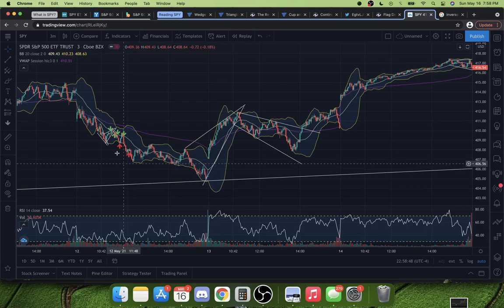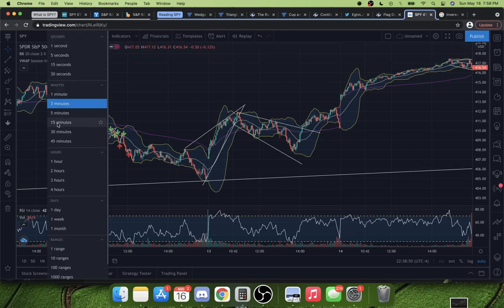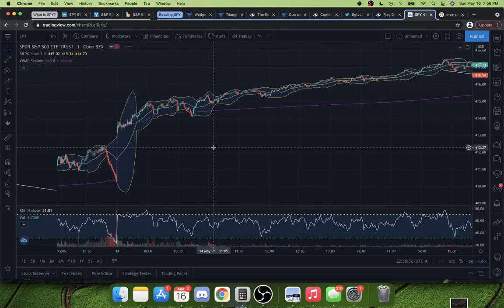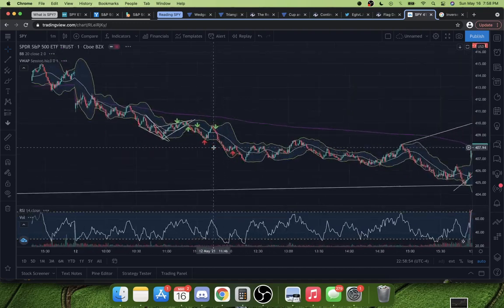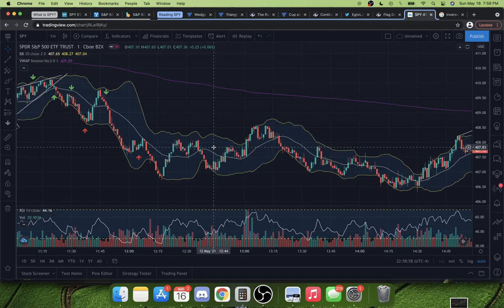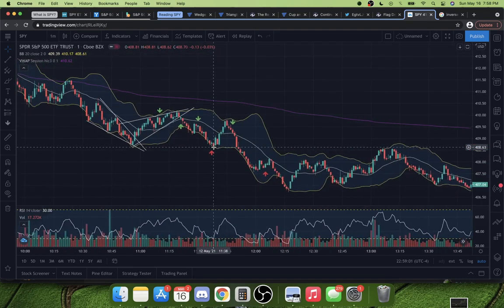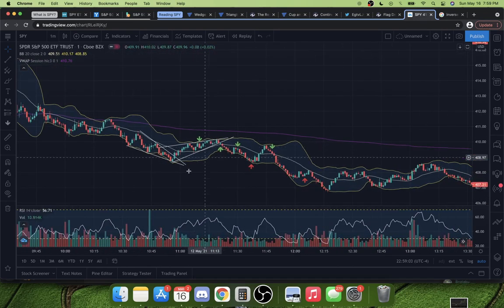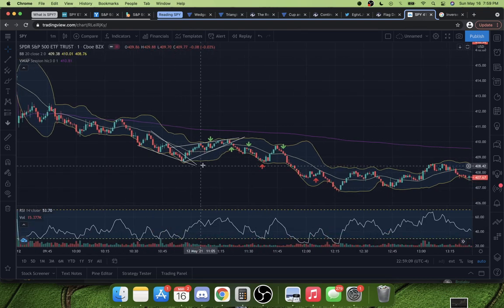And how can you do that? Let's just quickly look at an example of these wedges over here. I plotted some arrows for you, and I just did this quickly before I started the stream, but this would be a fairly quick trade.